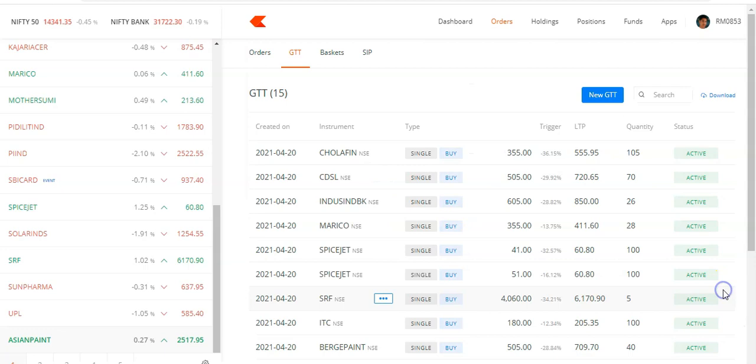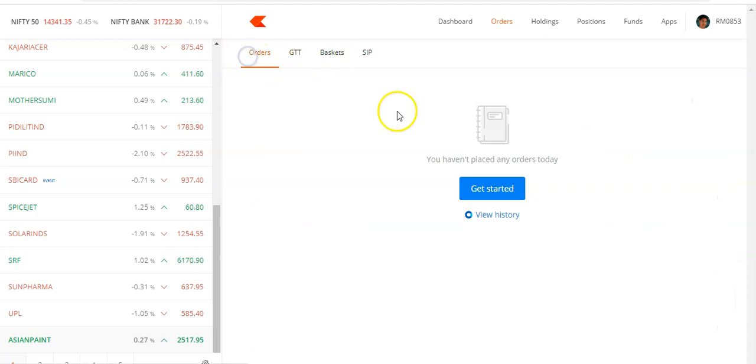GTT deleted. Okay, one point to note here is when your GTT is triggered, it just places a limit order. When the price is not met, it will be available in your order book with the status as open. But you will be notified whenever your GTT is triggered. So it is always better to log in when the GTT is triggered to see your order execution status.